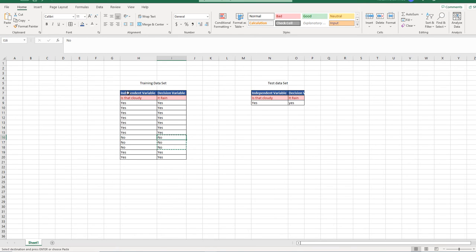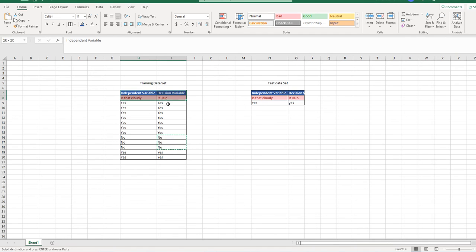This is the training data set. Based on this data, we observe the climatic situation outside and decide whether it is going to rain or not. Every day for the last 12 days, we have observed that whenever it is cloudy outside, it rains, and whenever it is not cloudy, it does not rain.